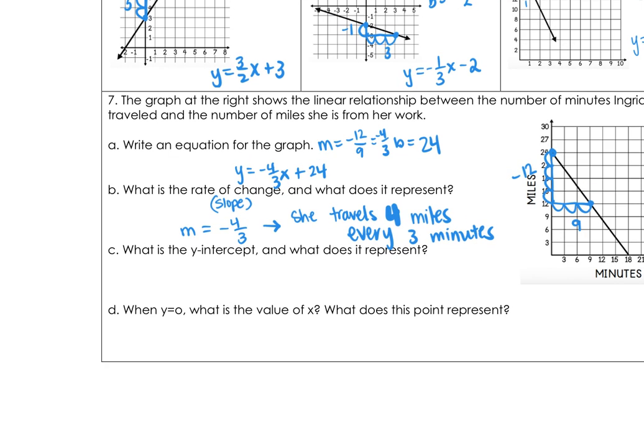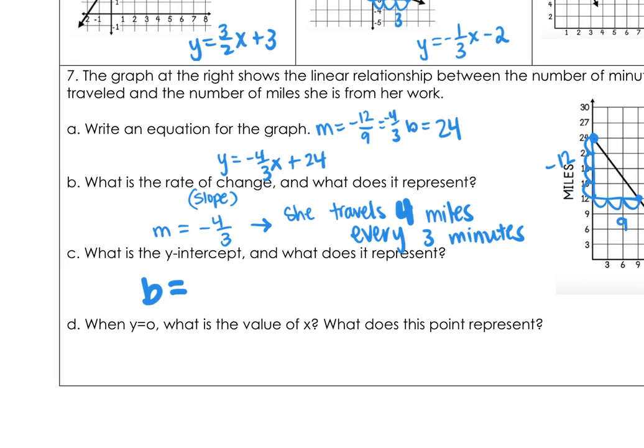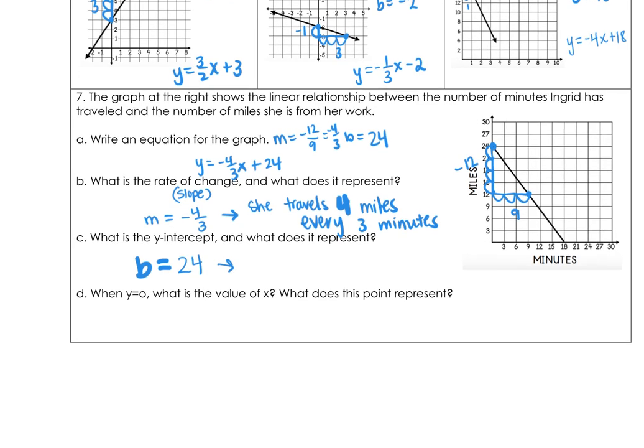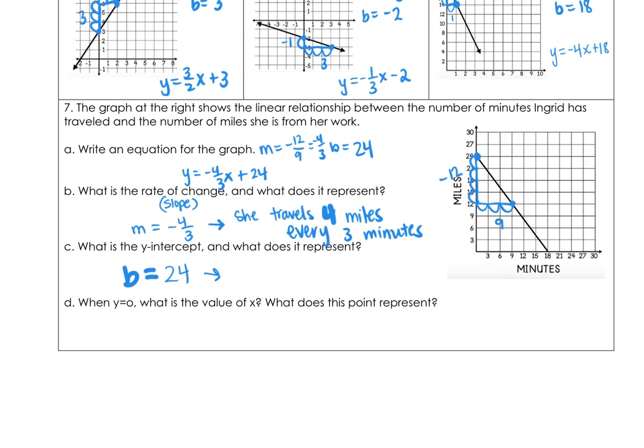C says, what's the y-intercept? Again, we've already labeled that. It's 24. But now you're telling me, what does this 24 mean, when 24 is on the y-axis, which is miles, and we're talking about Ingrid going to work. What's that 24 mean?